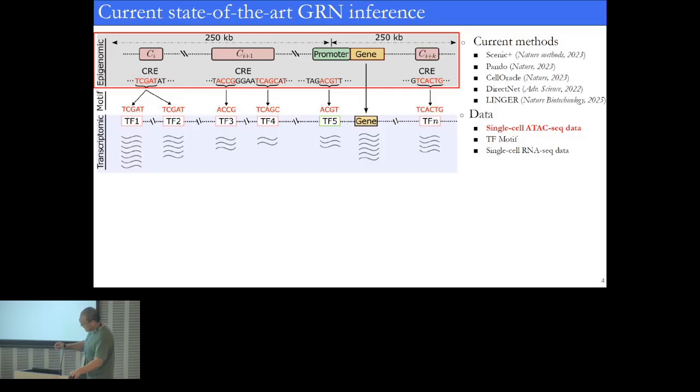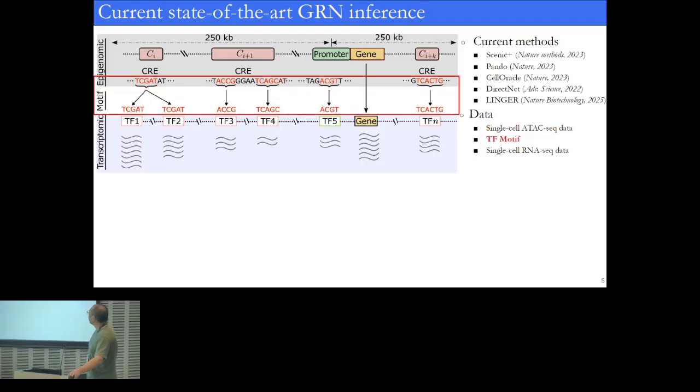On top of that, we have the transcription factor motif data. Based on those data, we can try to identify the transcription factors that have the potential to bind to those open regions based on motif sequence similarity.